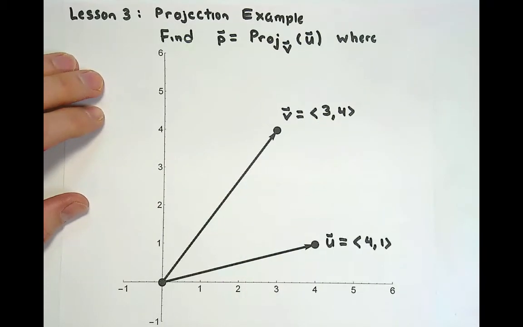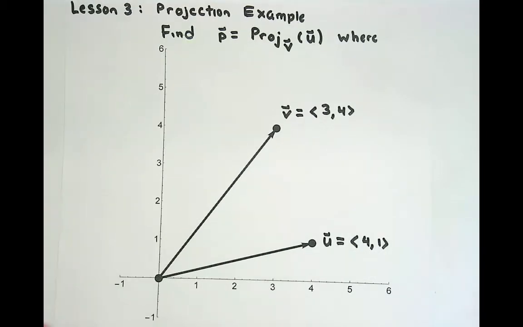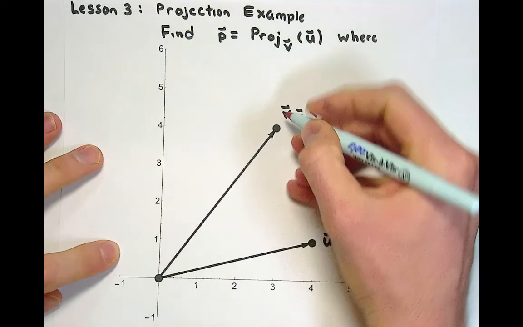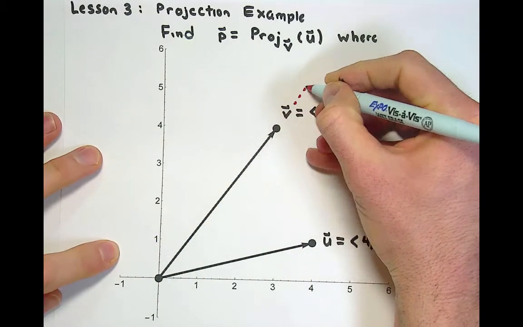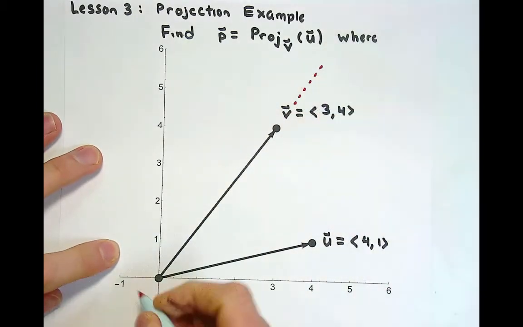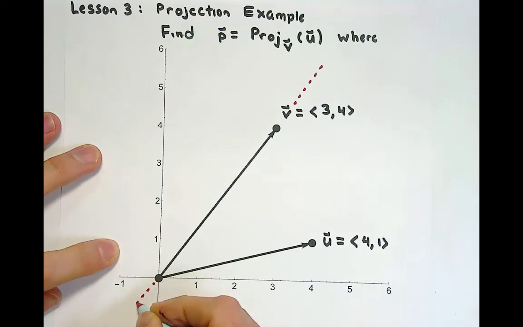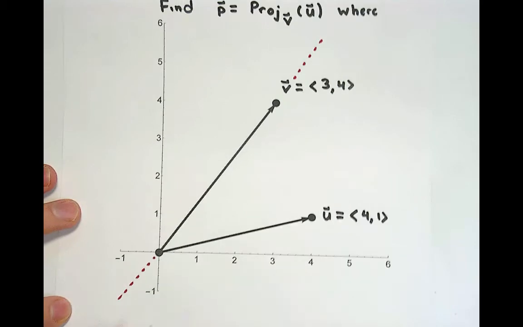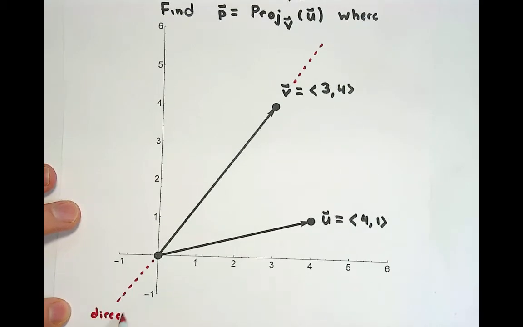Let's recall the interpretation of this orthogonal projection. Remember that the direction of v we can think about as the line that extends off into either direction. That's called the direction of v. And we're going to come back to this point over and over again.